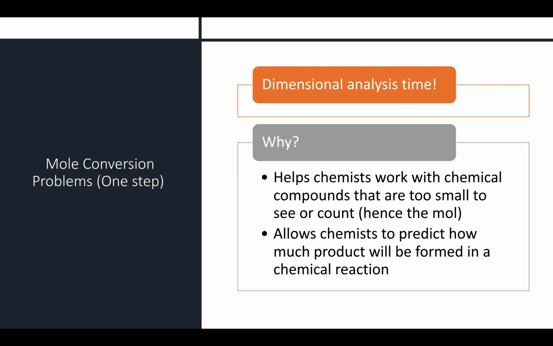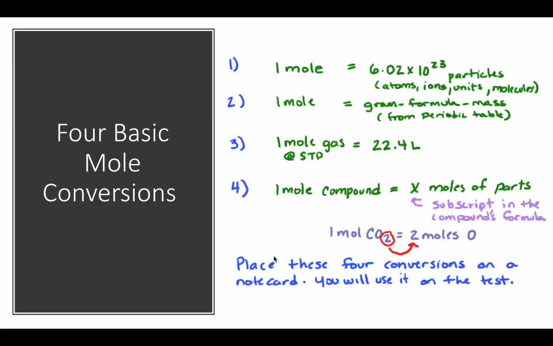It also allows chemists to predict how much product will form in a chemical reaction. Maybe you see a chemical reaction and, using dimensional analysis, given this amount of this substance and this amount of that substance, you'll know how much product we will actually produce. That will come a little bit later, but right now we're just going to deal with one-step mole conversion problems.